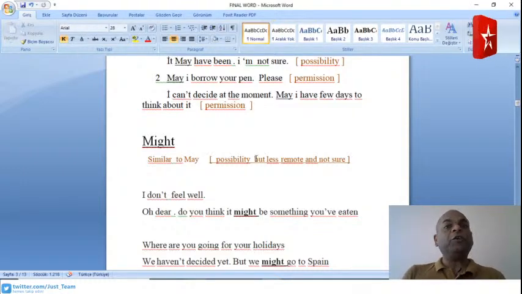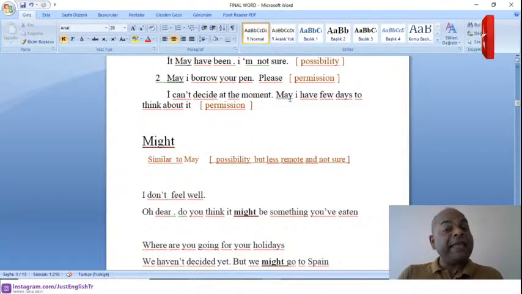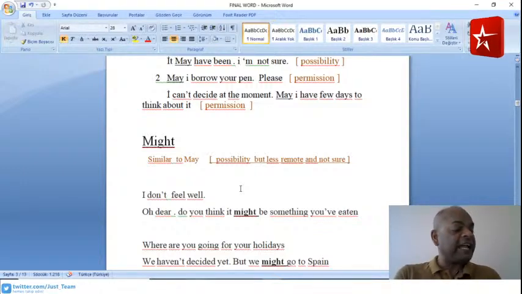I really love you guys a lot, and I miss you guys a lot, but very soon we're going to meet shortly. Great. Now, it says here, I can't decide at the moment. May I have a few days to think about it? Now, guys, remember when we say, I can't decide at the moment, and the second part says, may I have a few days to think about it? Now, is that a permission or a possibility?